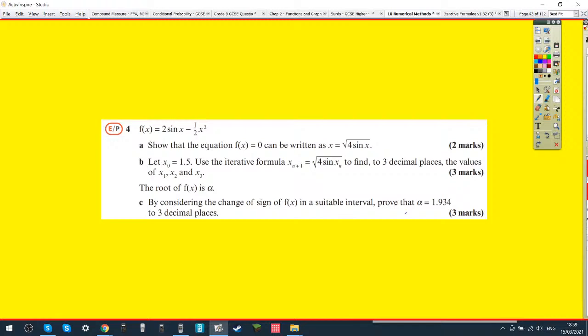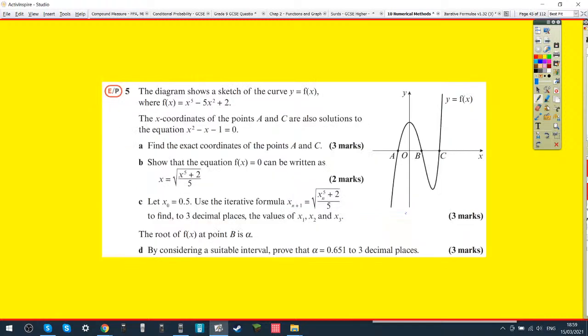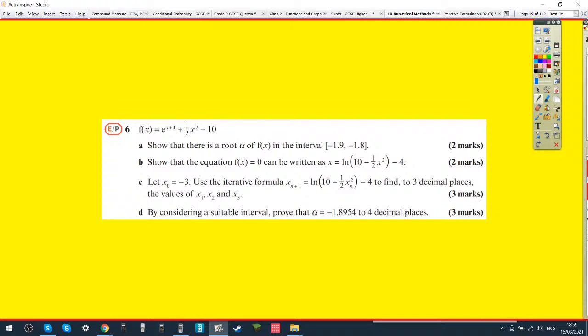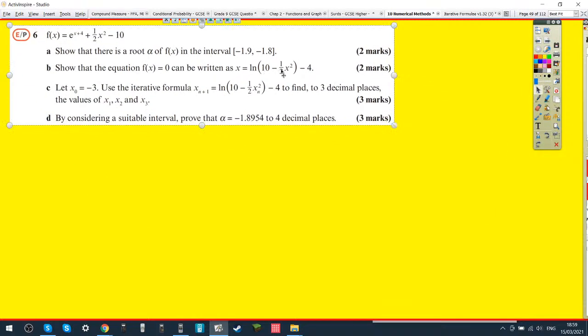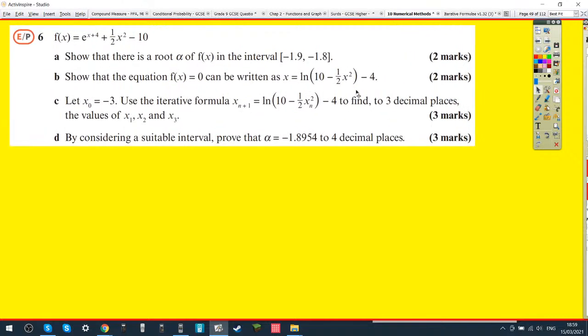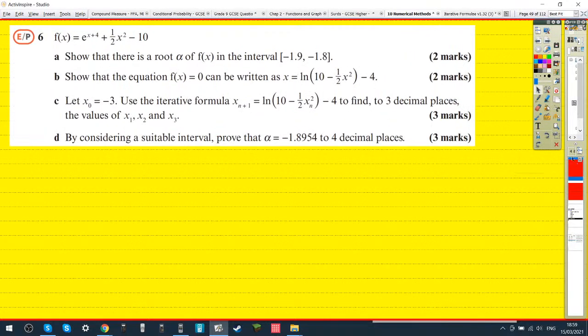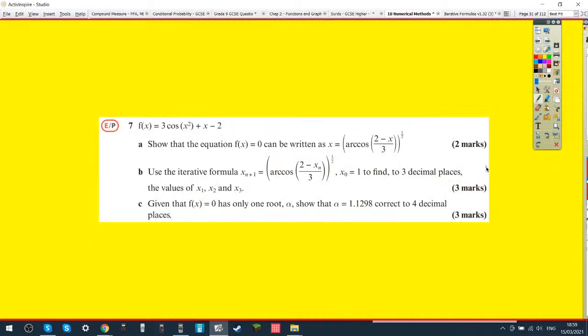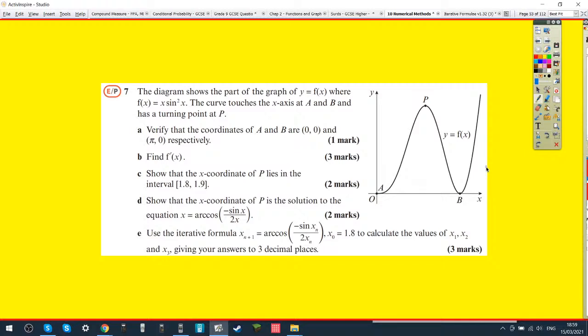Root sign change. Yep. So it's just bringing this stuff all together, just putting them all into one big question. That's all they're doing. And so this is the type of stuff. See this one, x equals ln 10 minus whatever. That would be a very difficult equation to solve, and so that's why you use a numerical method. So these are the exam questions.